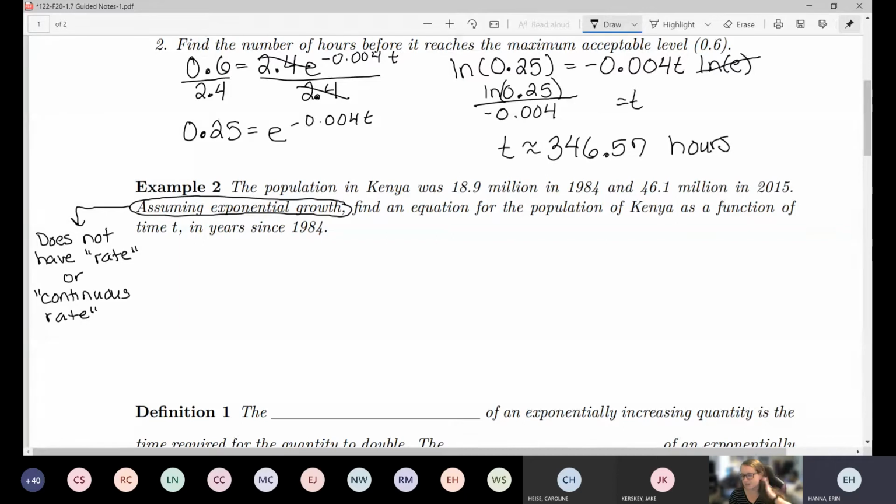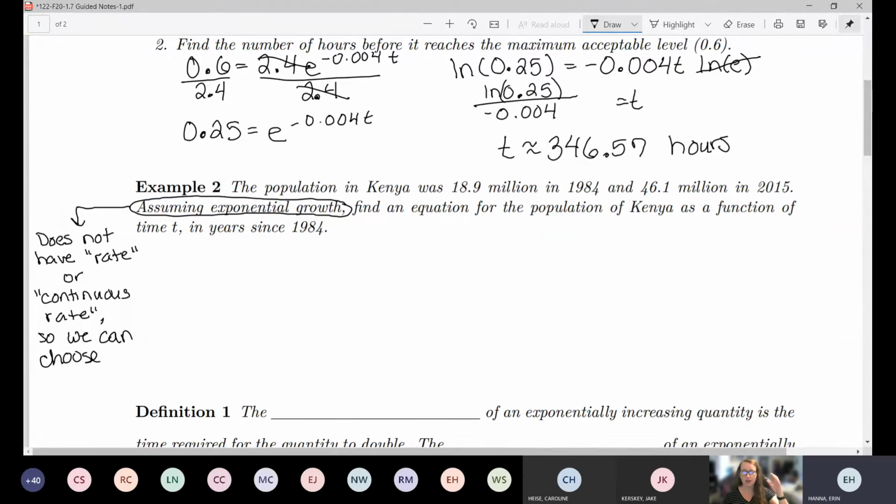So we can choose. If the word rate or the phrase continuous rate had gotten in there at all, we wouldn't be able to choose. We would be forced to use whichever one it was telling us to use. But since neither shows up at all, we get to choose which form we'd rather use. Okay?